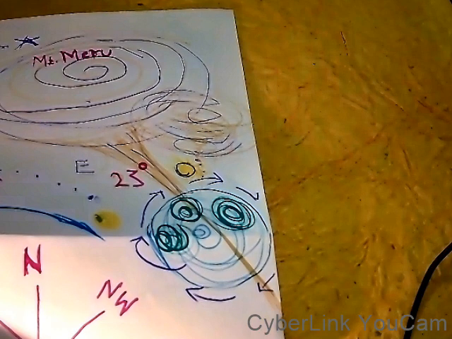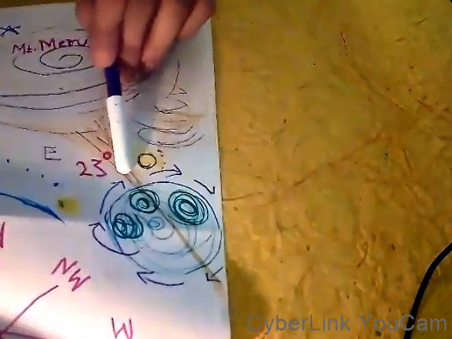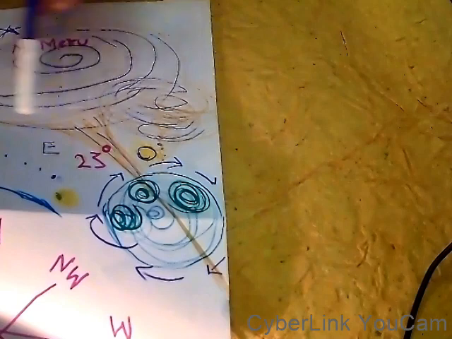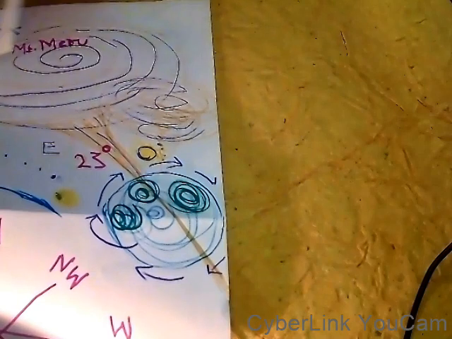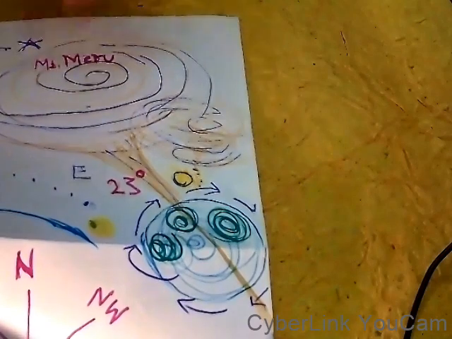There are different names for different things, but they remain the same. So the spine of Earth will connect to the skull, and the skull is where Mount Meru is. That's where creation starts.